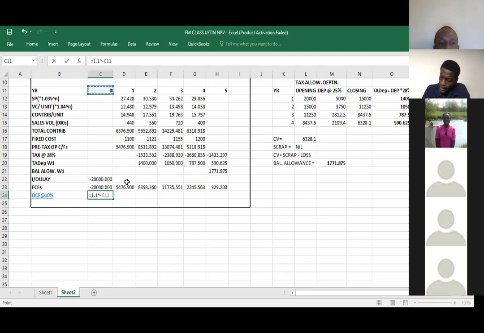So that's the first, and then we can drag that, and we see figures we already are conversant with. Okay, so our present values now. So our present value is equal to the free cash flow multiplied by our discount factor. And then we can drag again, and we're done.